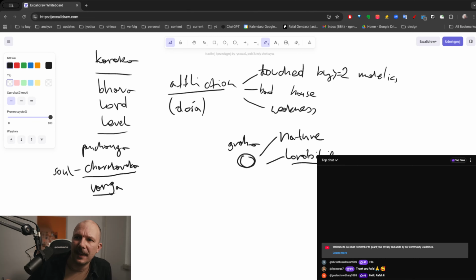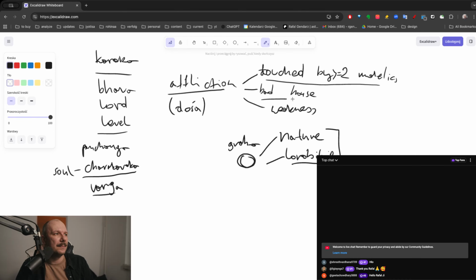So this is also quite important. And this is very interesting, because from these three types of affliction, we can really define the whole basics of understanding astrology.